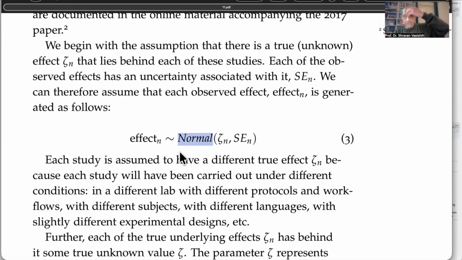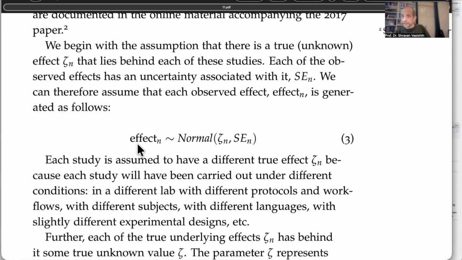As n gets larger and larger, the central limit theorem is in action here. That's why I'm assuming a normal likelihood for the effect sizes, even though those are milliseconds. So I'm not assuming a log normal. It wouldn't make sense here. Okay?